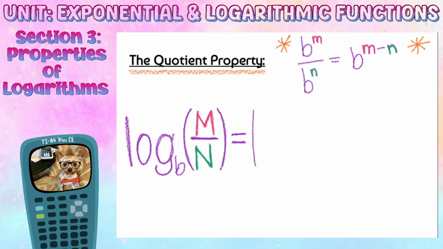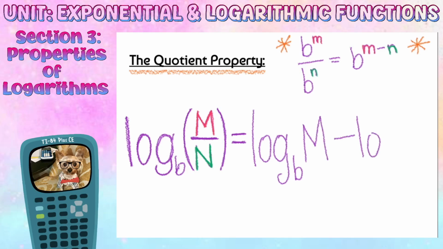Well, the log of the quotient m over n, log base b, will equal the log, keeping that same base, so log base b of m minus log base b of n.